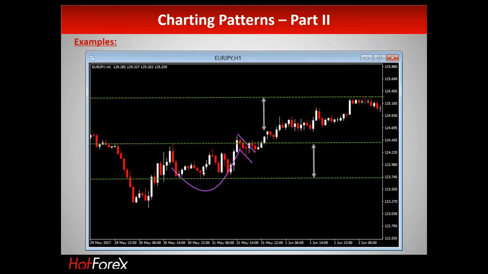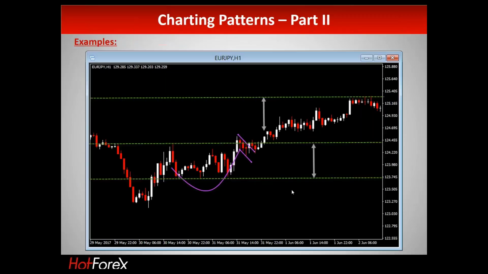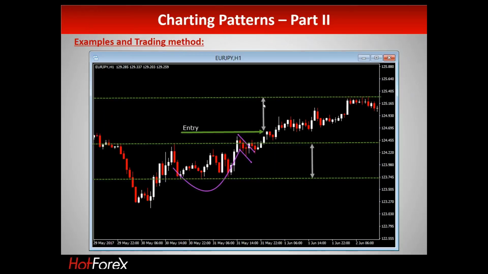So as I said, let's read it again. Target would be set at the same distance as the base of the cup and the breakout point. The breakout point is where we have a new higher high, which is higher than the initial upwards move. So I have measured the distance from the bottom of my cup until the breakout point, which is here, and I put the same distance from my entry point up to the target.